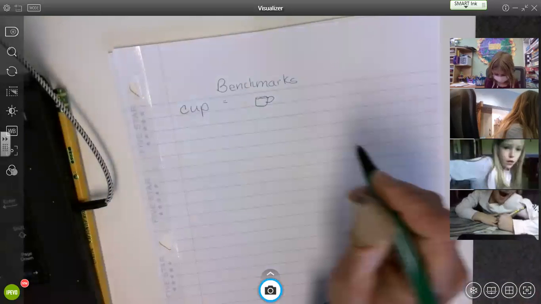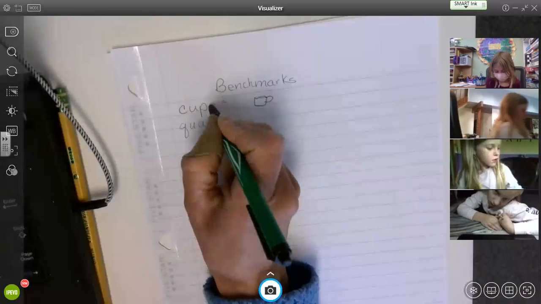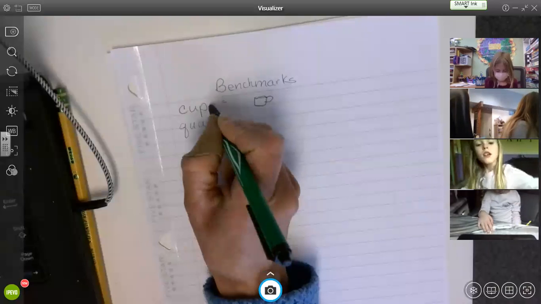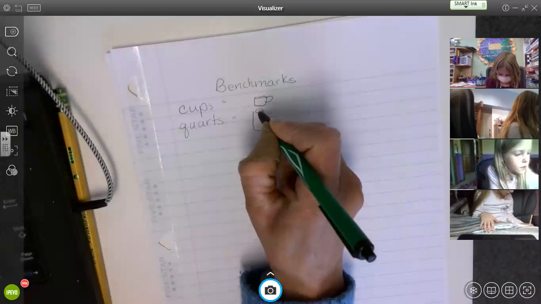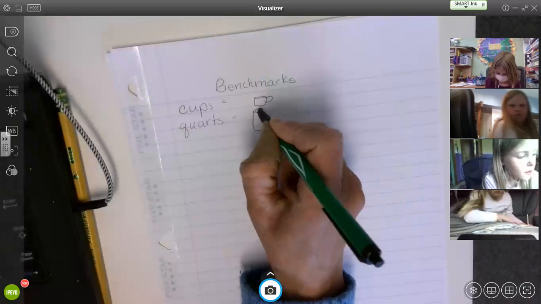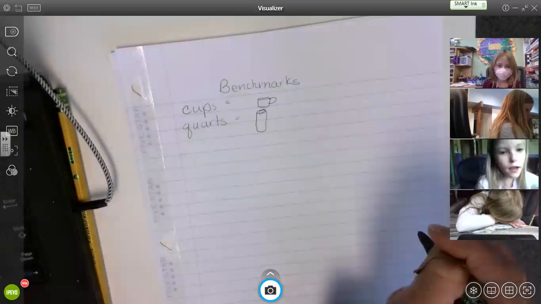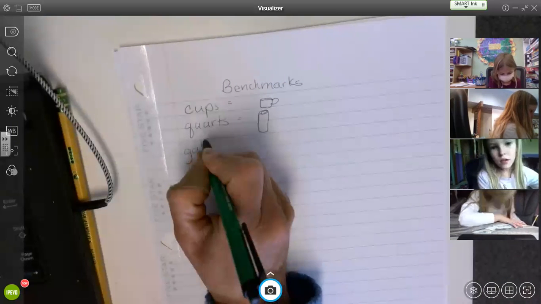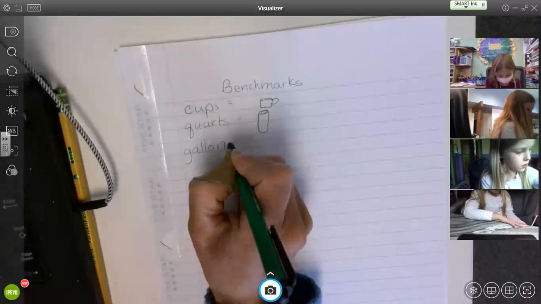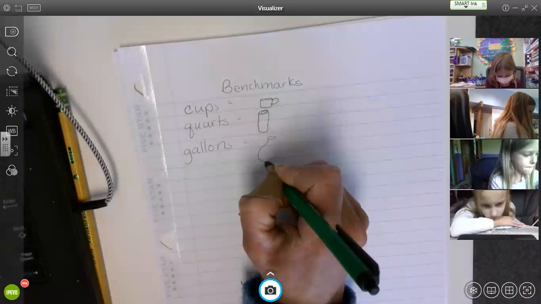We talked about cups, we talked about quarts, and for a quart, you could think of your water bottle. We talked about the half gallon, but let's just go with the gallon. We talked about gallons, and a gallon, think of a gallon of milk.